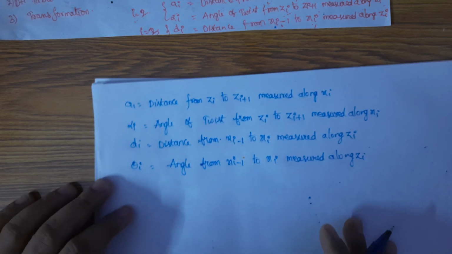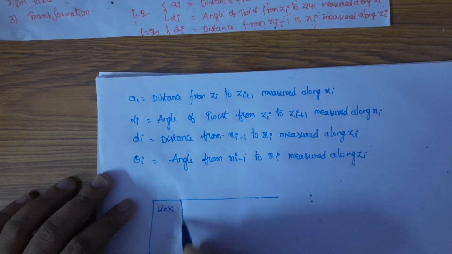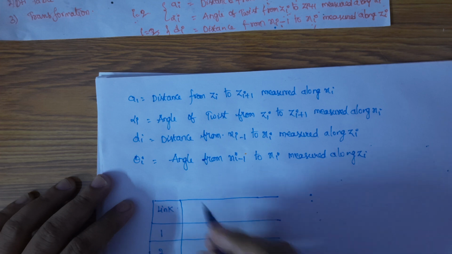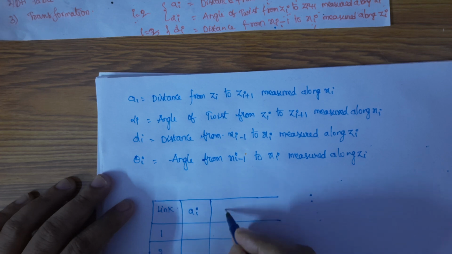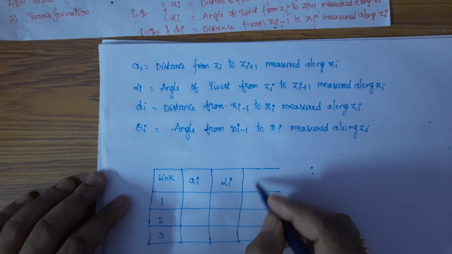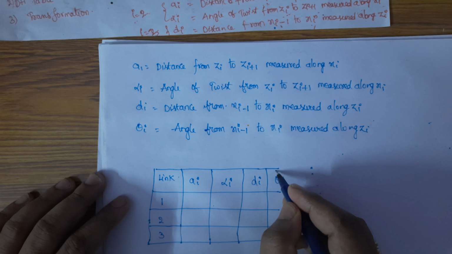The DH table consists of the links first. We have 3 links: revolute, prismatic and prismatic. Then a_i, alpha_i, d_i and theta_i.